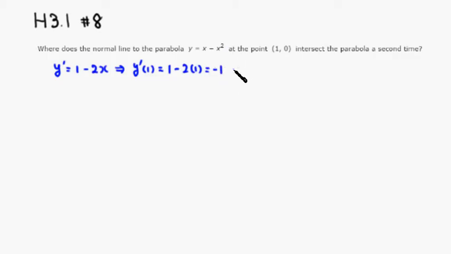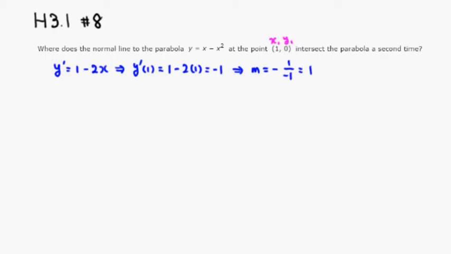If you want to find the slope of the normal line, we have to take the negative reciprocal. The negative reciprocal of negative 1 is 1, so the slope is 1. We know this is x1 and here is y1.